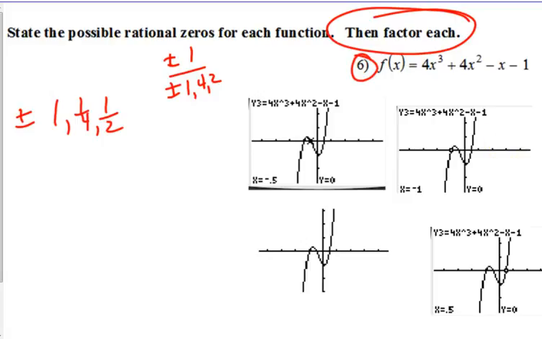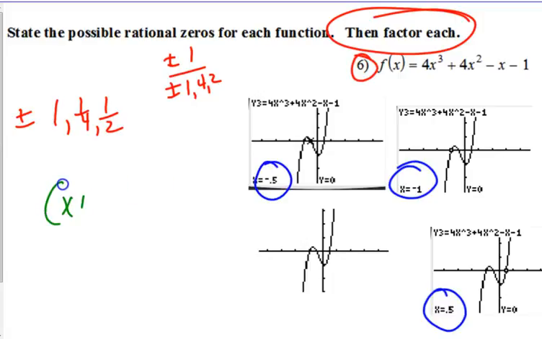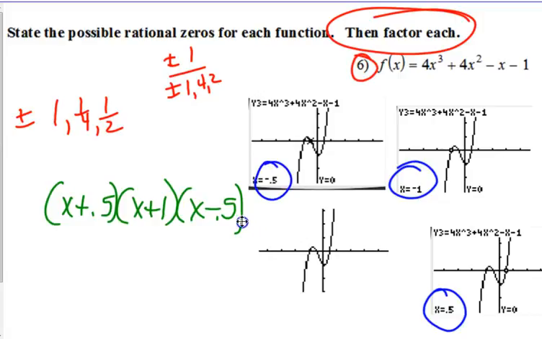But then I graphed it, and I found negative 0.5 worked, negative 1 worked, and positive 0.5 worked. Is that all the zeros? Okay. There's a reason everybody would still get this wrong, though, because if I write x plus 0.5, x plus 1, and x minus 0.5, is it going to FOIL back to this? Yeah, probably not.